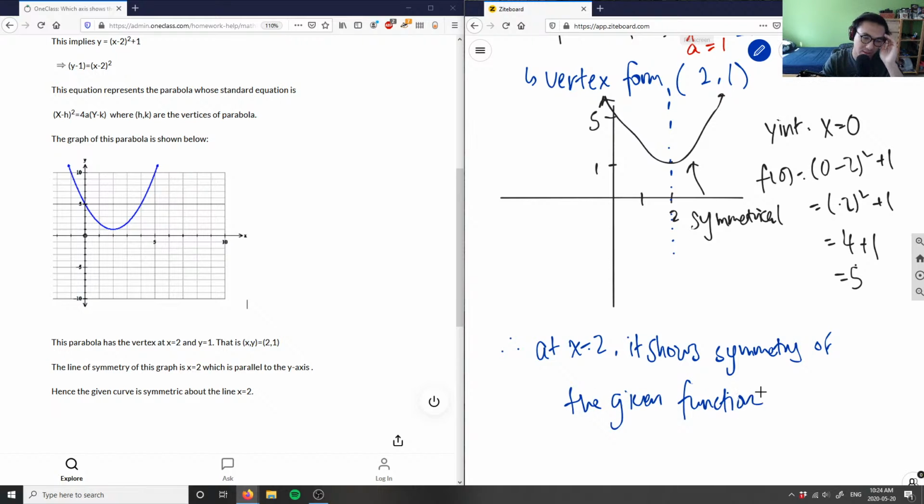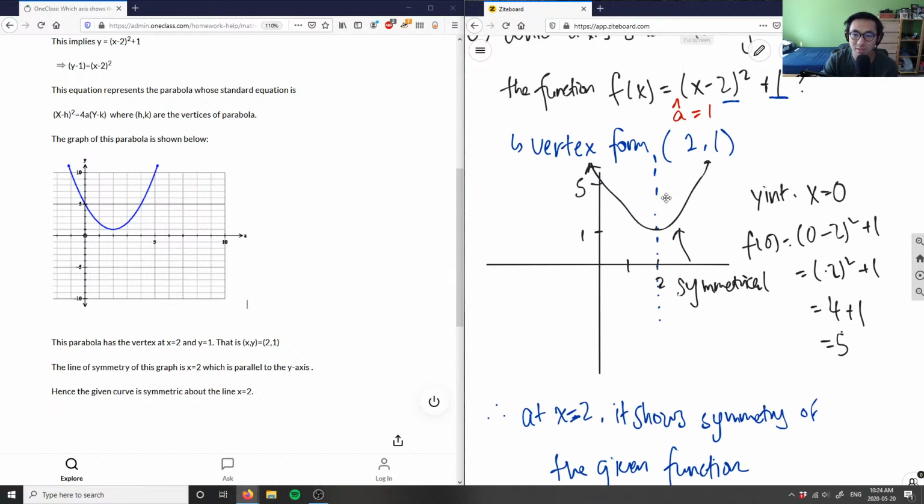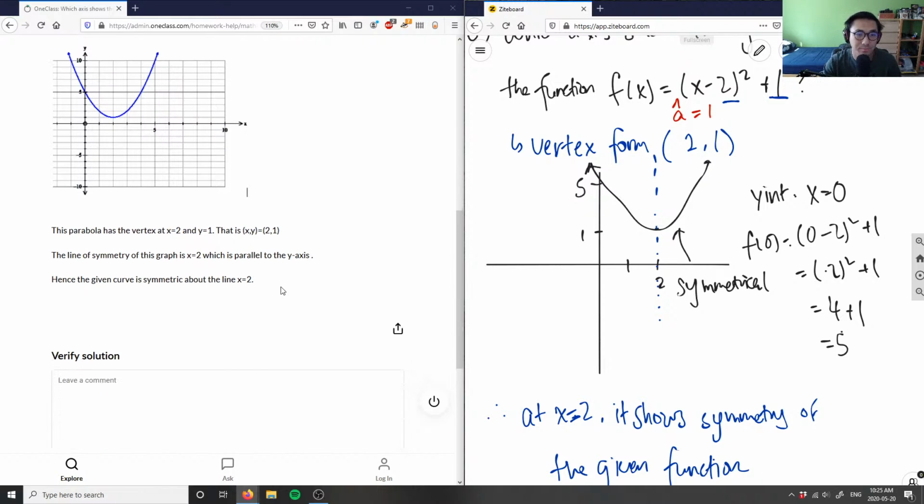And this here is our answer. X equals 2 is our answer, and this is correct. The reason we know this is because we can draw a dashed line at x equals 2, and we know that this side is symmetrical to this side. When we say symmetrical, we mean that if it's reflected along x equals 2, it's going to be the exact same curve on both sides. If we reflect the left side onto the right side and the right side onto the left side, it is the same function. So this solution is correct.